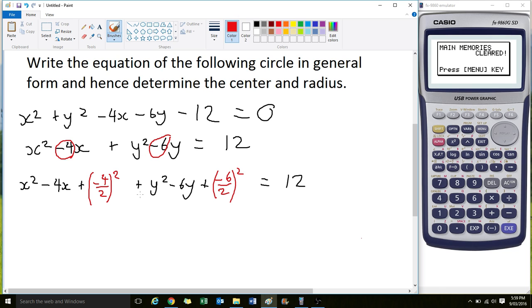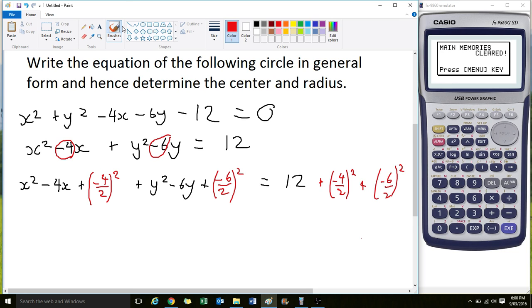Now, we can do anything we want to an equation as long as we do it to both sides. So we've done it to this side, we've done it here, which means we just need to do the exact same thing over here. Okay, so over here we've got plus minus 4 on 2 squared and plus minus 6 on 2 squared. All right.